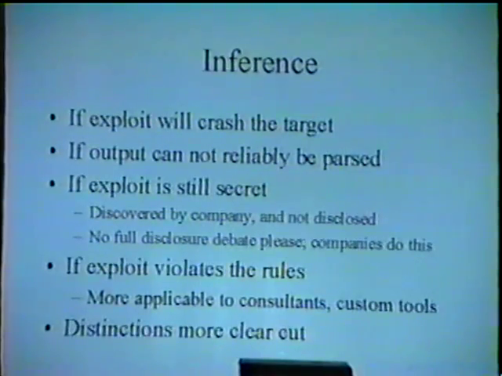So if the exploit will crash the target, or if the output can't be reliably parsed, this is actually an interesting challenge. There are some really simple services which vendors love to muck with. Finger was the first example that really struck me. If you try and finger a user at a given host on a dozen Unixes, you'll get back between a dozen and 18 different response formats, which you need to parse reliably in order to say that finger is turned on and not just producing a banner which says we have no information about this user or we've turned finger off.